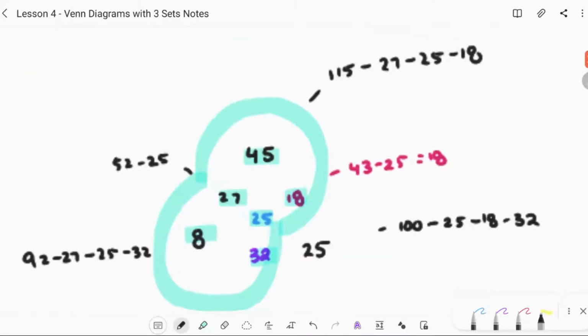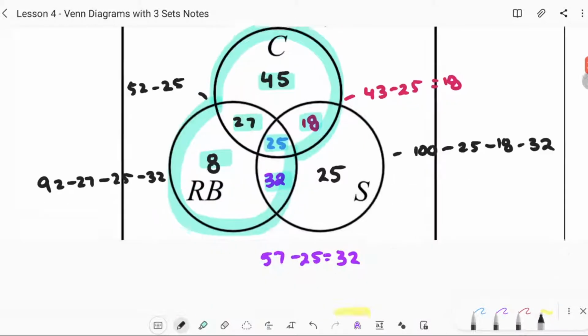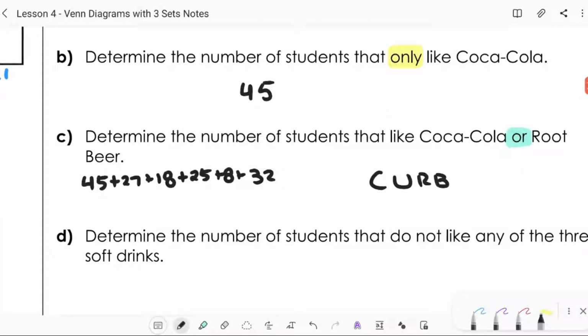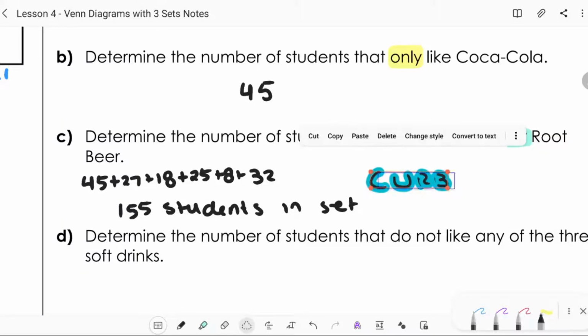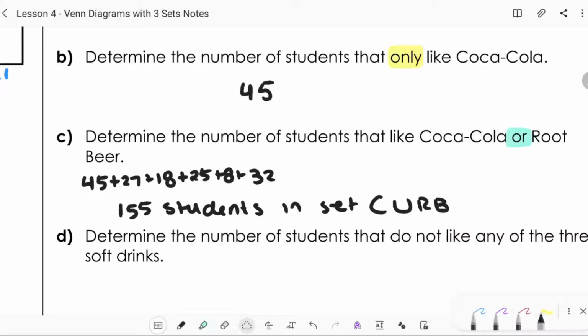Right, that gives me all 3 areas of students that like Coke, students that like root beer, and students that like all 3. And so I end up with a total of 155 students. In this specific set, Coke union root beer, Coke or root beer, or both, with or without the addition of Sprite.